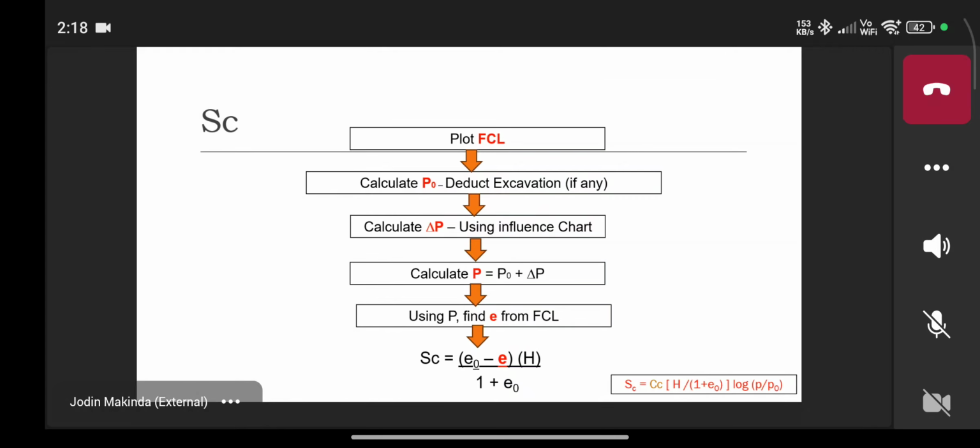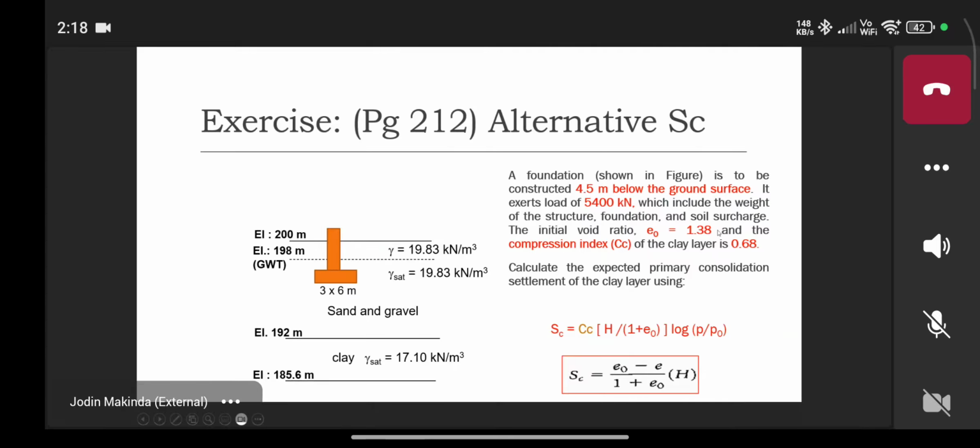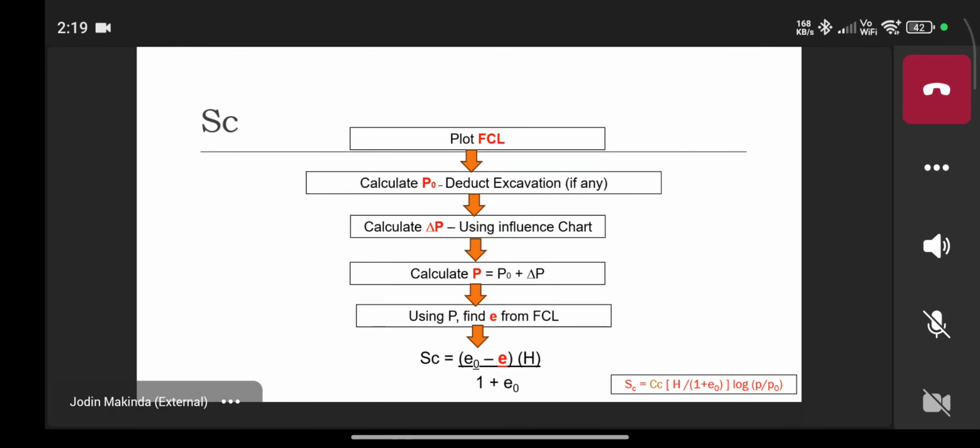But in this case, the void ratio is given. If you look into the question here, the void ratio is given, and the compression index is given. Initial void ratio is 1.38, compression index is 0.68. So what do you need to do?